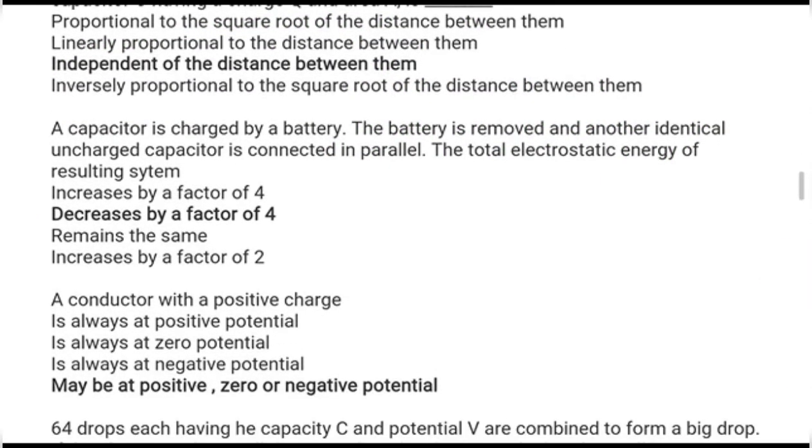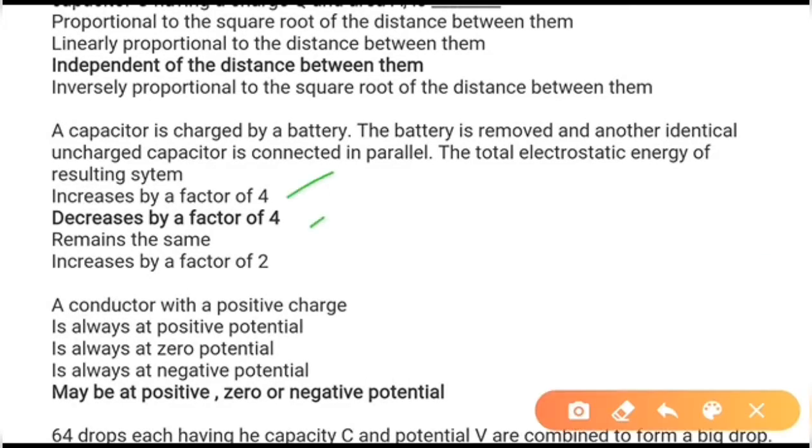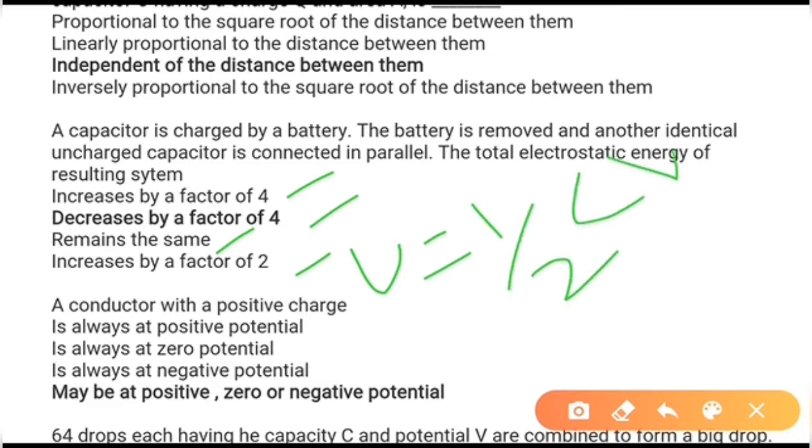Next, a capacitor is charged by a battery. The battery is removed and another identical uncharged capacitor is connected in parallel. The total electrostatic energy of the resulting system. So what will happen if the two capacitors are connected in parallel? Here four options are given. Already we know that the energy U is equal to 1 by 2 CV squared, where C is the capacitance and V is the potential. Here initially one capacitor is taken and charged, and another capacitor is connected.